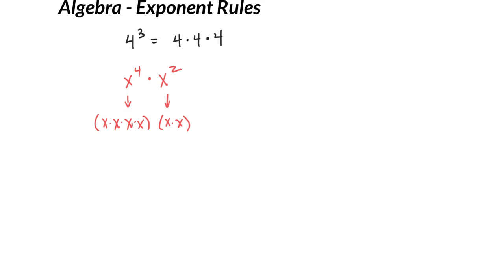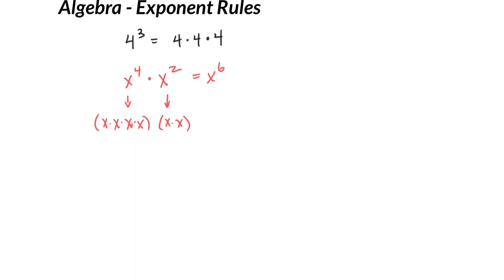So I have 6 x's being multiplied together. So this could be written as x to the 6th power. Remember, the exponent just counts up how many multiplications. So all we did there was we said, well, there's 4 x's and 2 more x's. There are 6 x's being multiplied together.